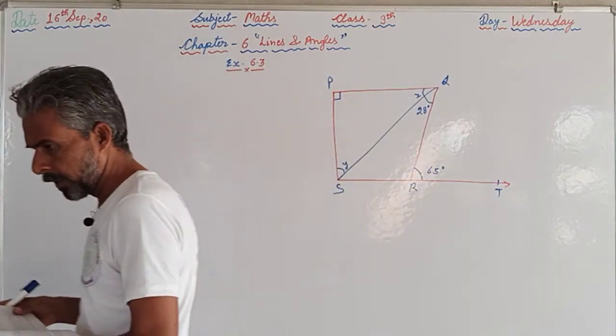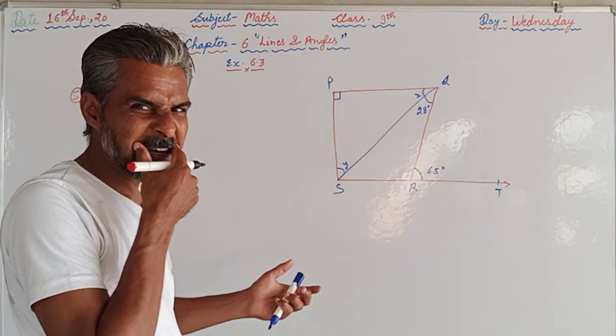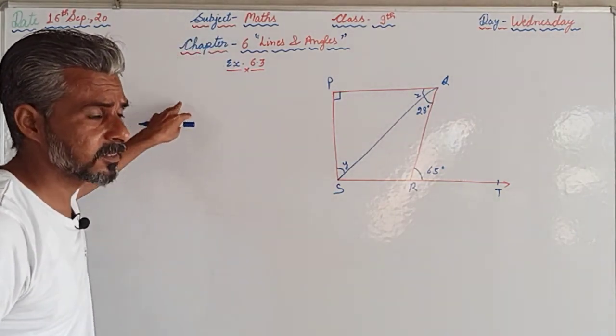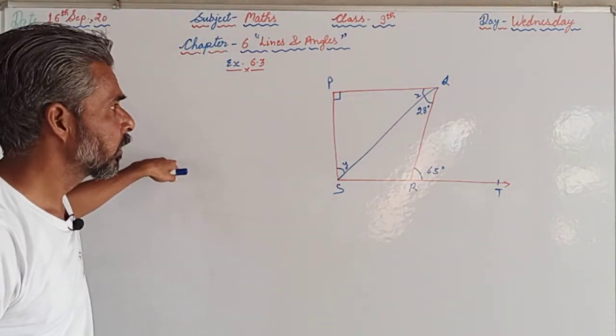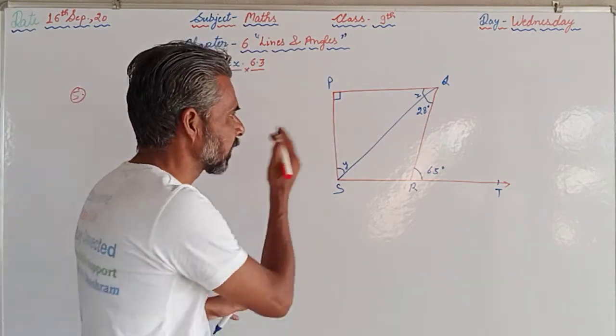Now we have to find x and y. Now I will not write the language of this question. You are supposed to write, first of all, what is given in that question, and then what we have to find out. We have to find out x and y. How to find out, I will tell you in the diagram only.